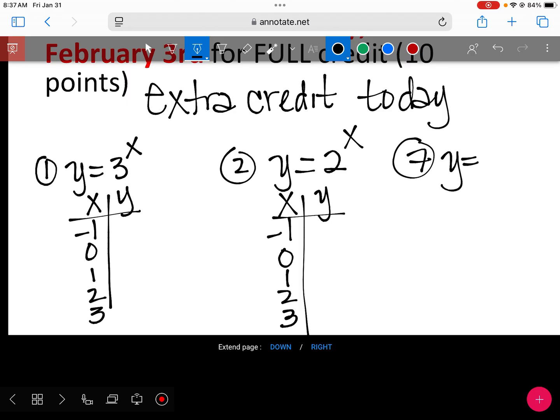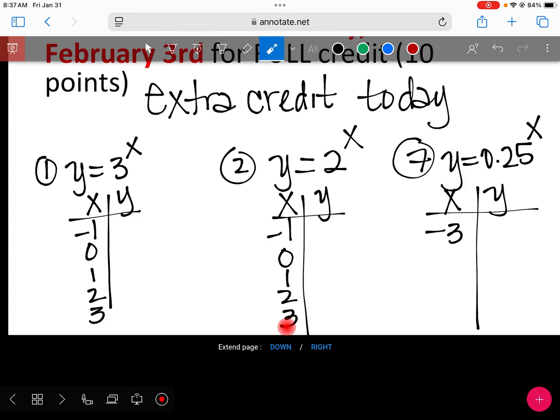And can somebody tell me what it says? Does it say 0.25 to the power of x? Okay, this is an example of decay. So going to yesterday's video, when it's decay, we use different numbers. We just take all of these numbers on this side and we flip the sign. So it becomes -3.